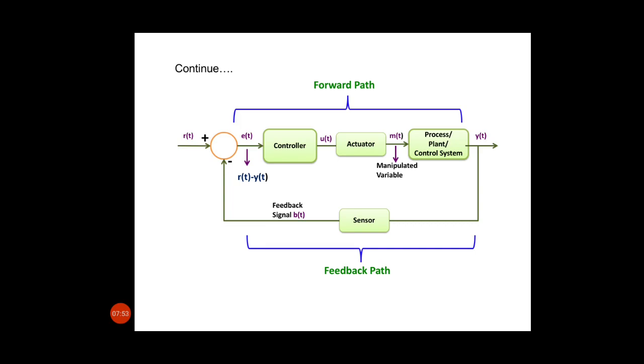So let us consider the task of steering the car. The angle which we provide to the steering wheel is the input to the system, and the orientation of the car can be considered the output from the system. Now if I want a certain orientation for the car, then I design a controller to calculate what should be the steering wheel input that should be provided each and every instant of time.